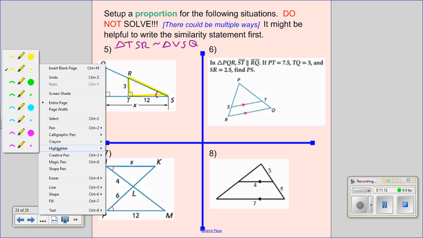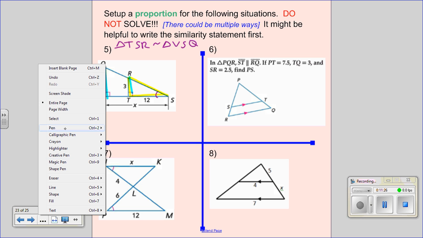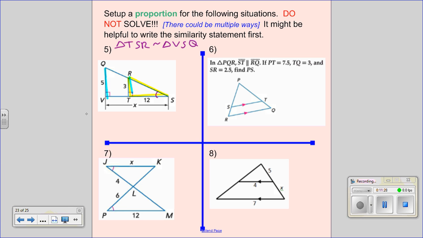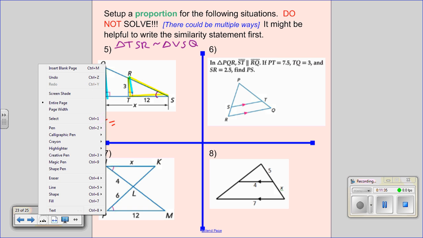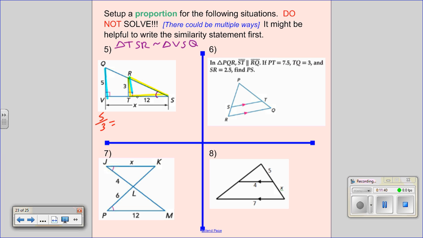So I could write a ratio using 5 and 3 who correspond. So 5 is to 3 as, and then we see that this 12 down at the bottom corresponds with x.